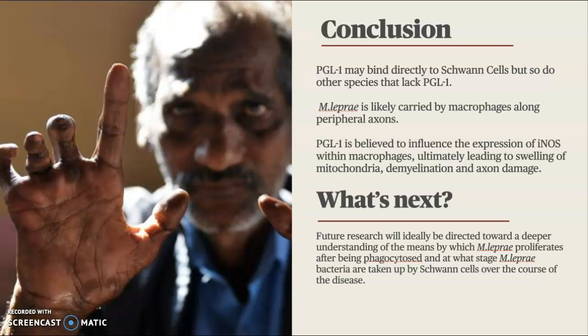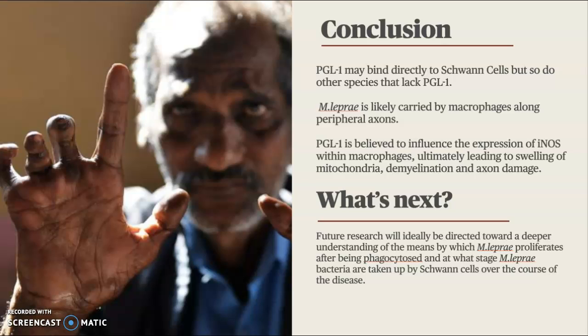So what's next? Future research will ideally be directed toward a deeper understanding of the means by which M. leprae proliferates after it has been phagocytosed, and at what stage M. leprae bacteria are taken up by Schwann cells.